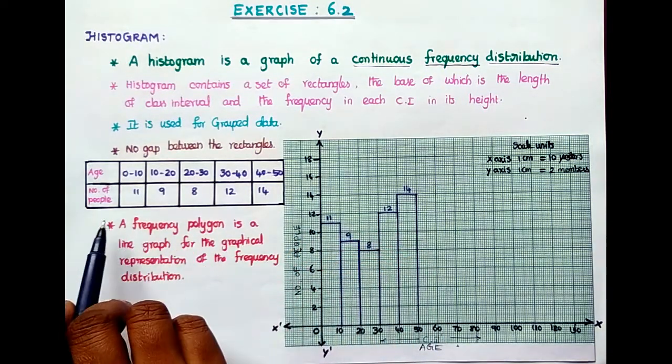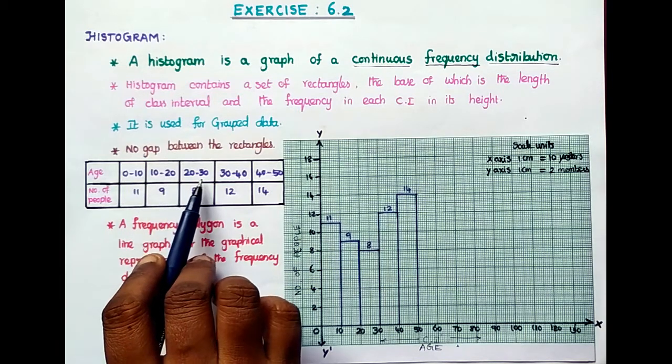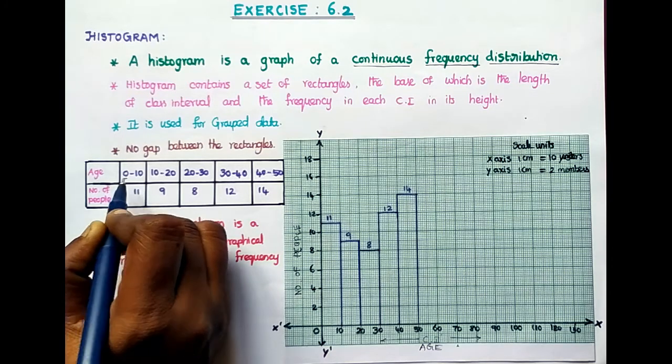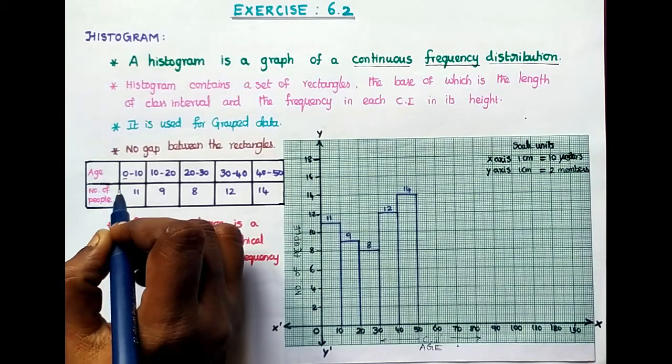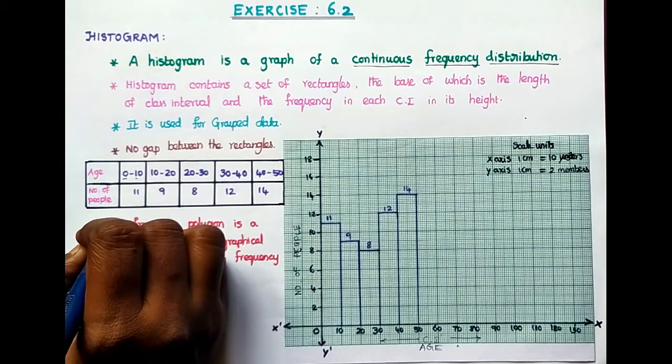Next thing, 0 to 10, 10 to 20, 20 to 30. Listen, this is the lower limit and then this is the upper limit.